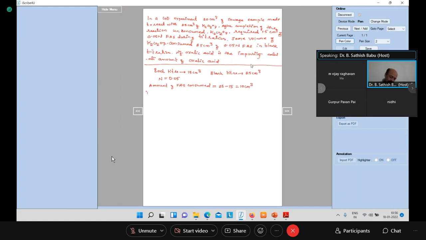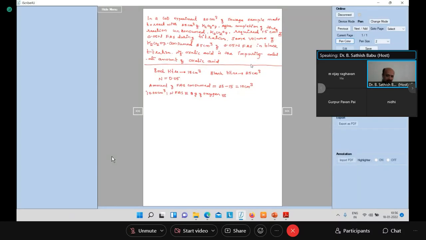How will you write the equivalence? Can you tell me? 1000 cm cube of 1 normal FAS, that is one equivalent, will be equivalent to 8 grams of oxygen. And this will be equivalent to, they told what is the impurity present?